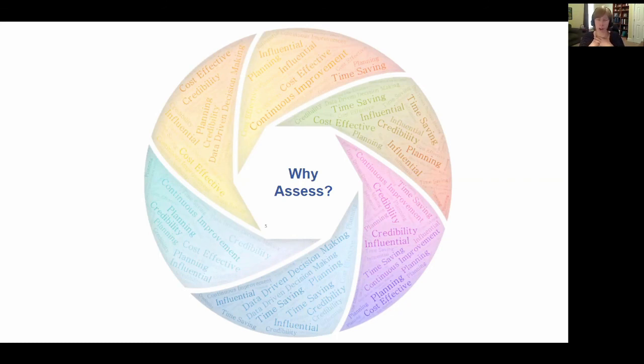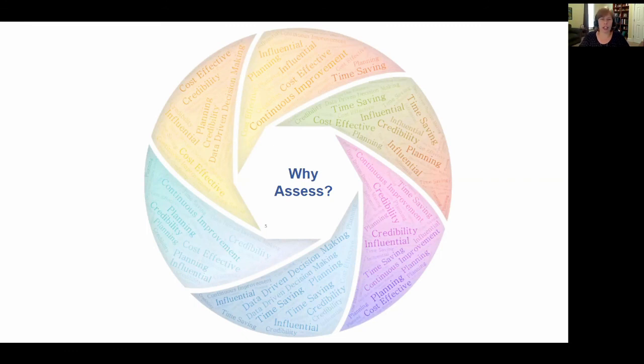Using data to drive your decisions and make improvements based on continuous assessments can lead to better and more effective decisions and change. Having data to back up your proposals, decisions, or budgetary requests can go a long way with helping make your case that more funding or changes are needed with those who hold the purse strings or make the decisions for your library. Using assessment data also gives you credibility.